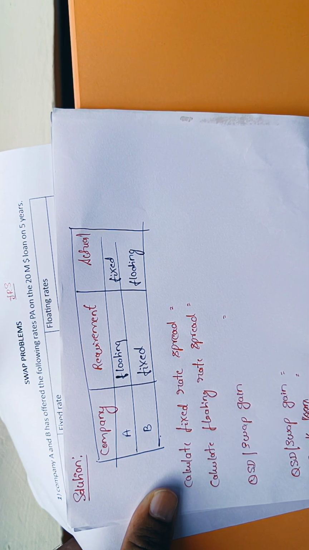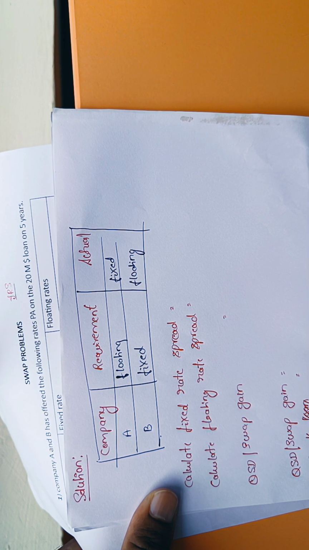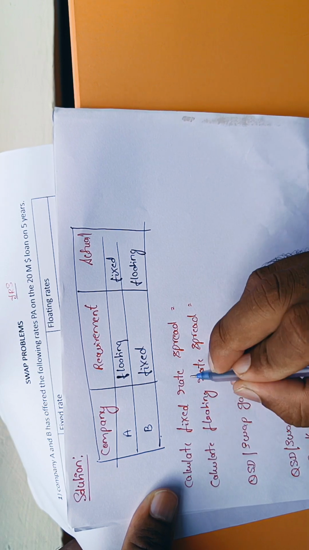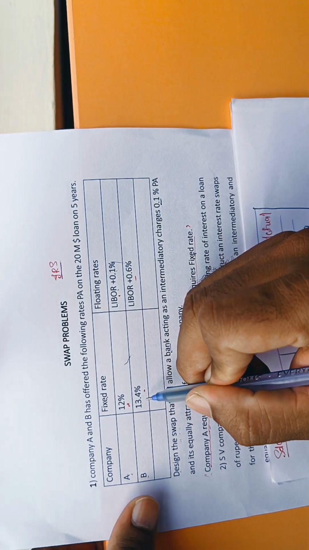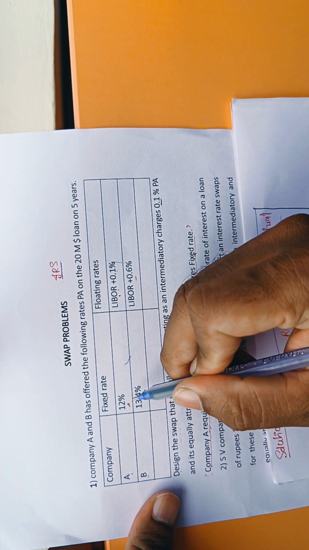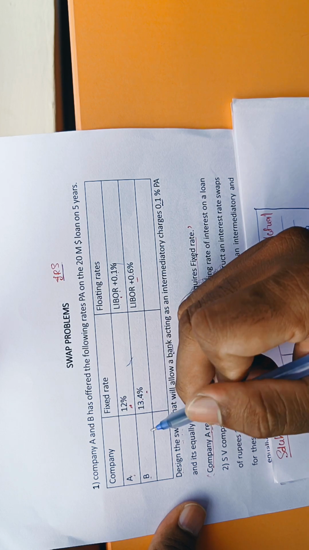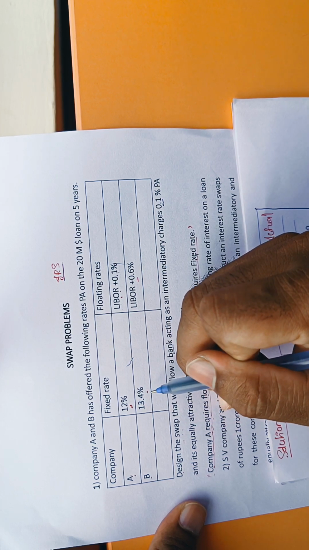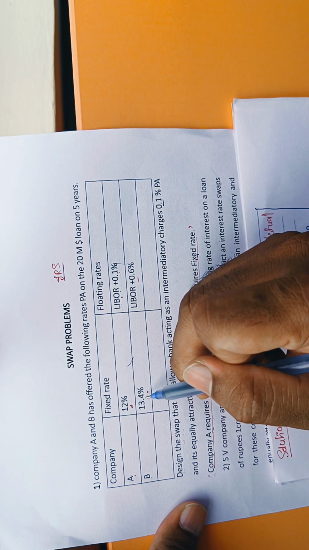Take for example, bid and ask rate; the difference of these two is the spread. For the fixed rate, 12 and 13.4, the spread is the difference of 13.4 minus 12. Don't get confused that 12 minus 13.4 is minus 1.4. Here plus or minus value is not considered. Take whichever is higher.